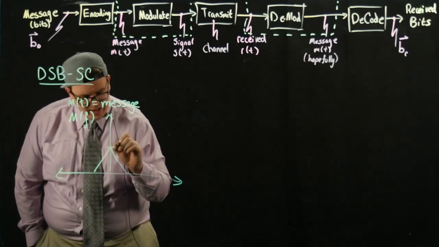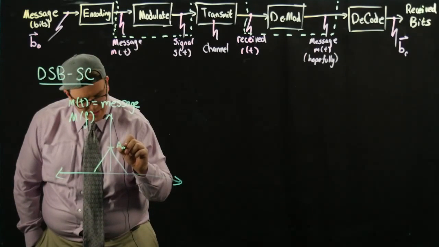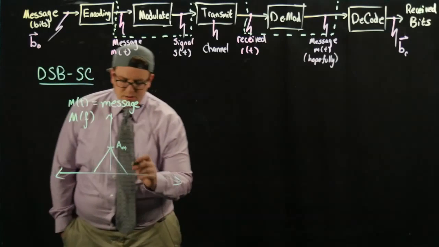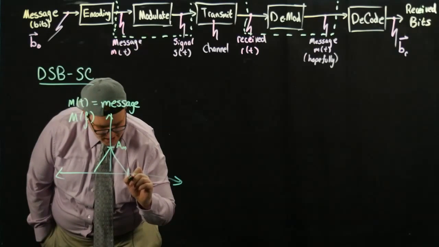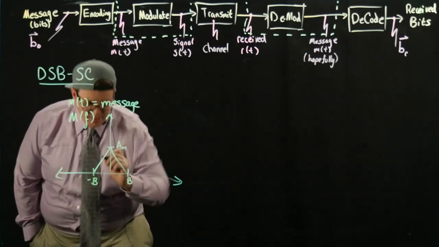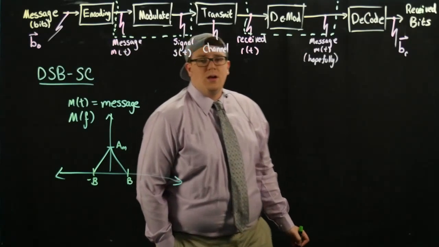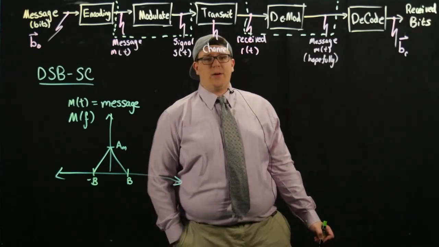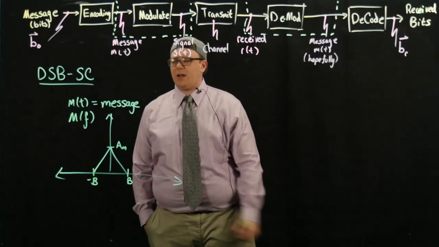This guy will have height AM, and it goes out to frequency B and negative B. So it is a triangle function. That's the message we're going to be considering here.